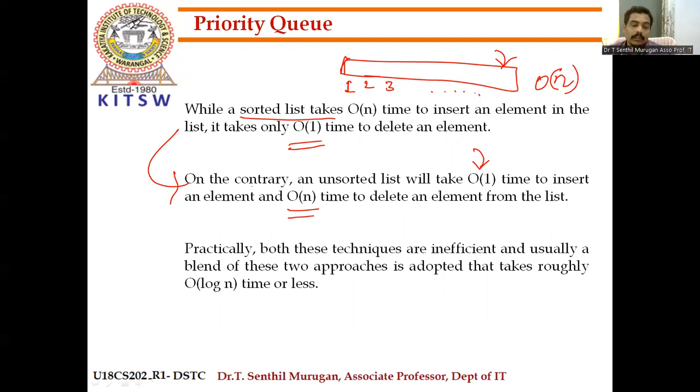For that, we have to remove. Okay. So practically, both the techniques are inefficient. But usually a blend of these two approaches is adopted that takes roughly order of log n time or less. Okay. So if there is a large amount of data, then it is a problem.